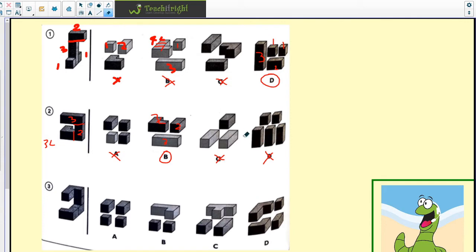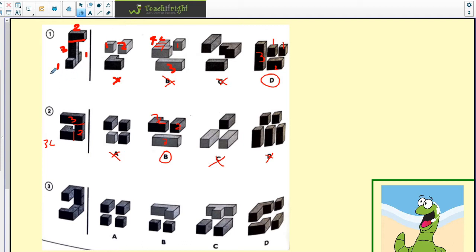But please, if you're doing this, I don't just mean crossing them out. Checking would mean, why isn't it C? Oh, because it's not got the L shape. Why isn't it D? Because it's got too many of these 3s. It's not just the act of crossing it out, it's the act of thinking about it, children, that's valuable. So please make sure that's what we're doing if you're doing it. Otherwise, it's just not worth the time.